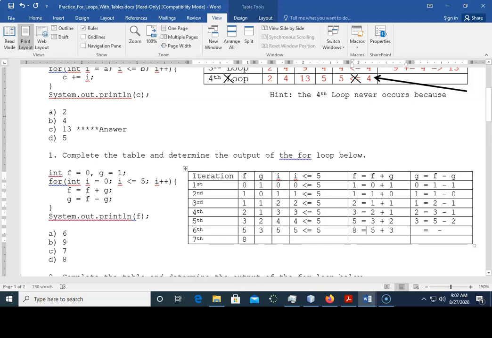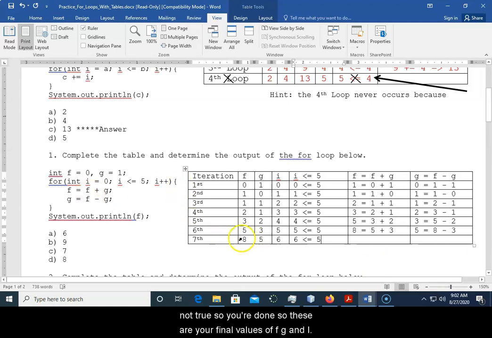So then I've got 8 minus g, which is 3, gives me 5. And so my final answer for g is 5, and I becomes 6. 6 is less than or equal to 5. That's not true, so you are done.